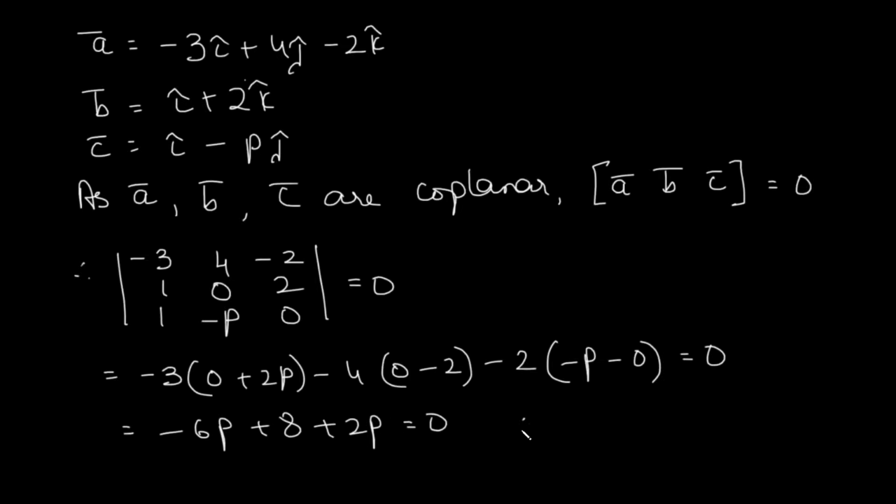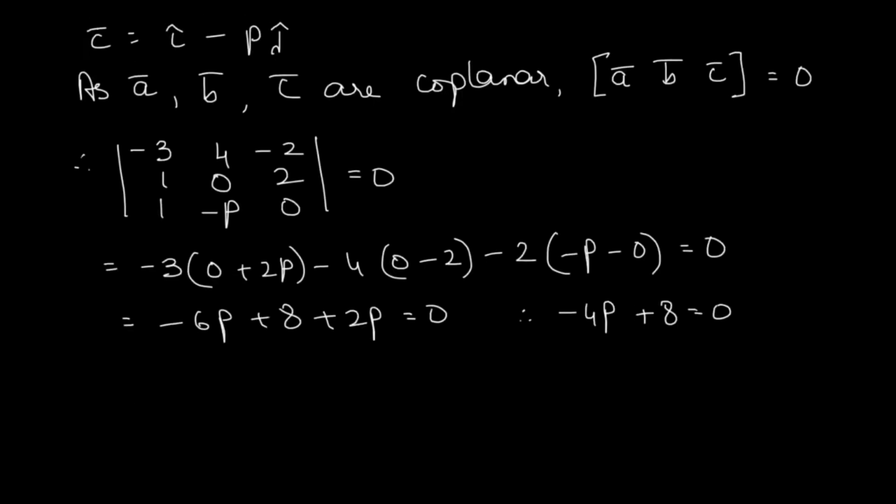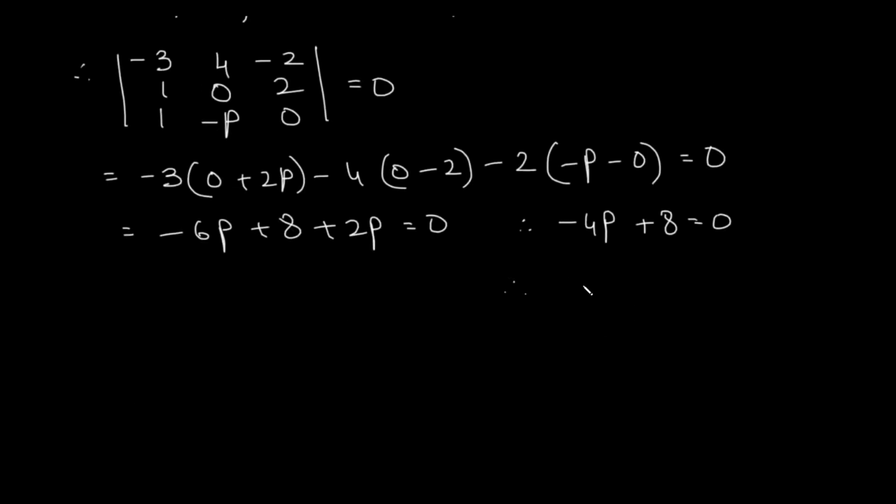That is, we have minus 4p, not 8p, because minus 6 plus 2 is minus 4p, plus 8 is equal to 0, and therefore we have p coming as 2 in this case. So thus we get the value of p in a very easy manner.